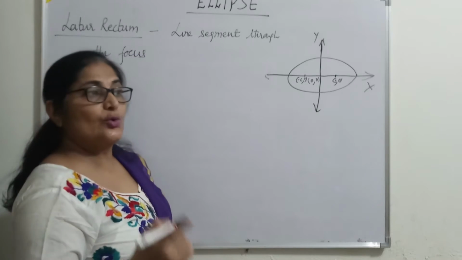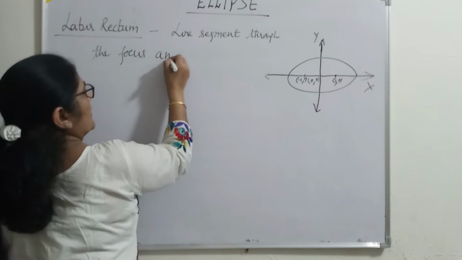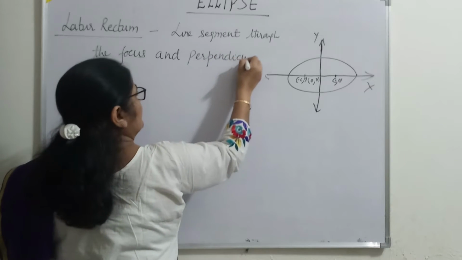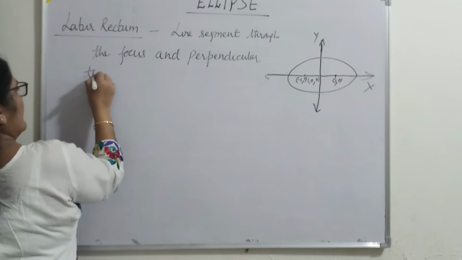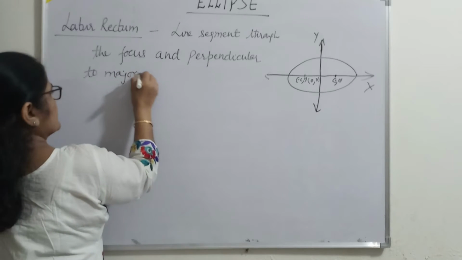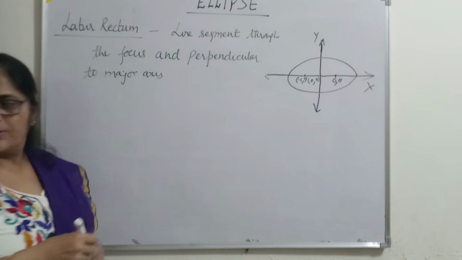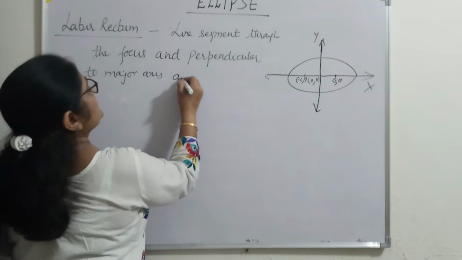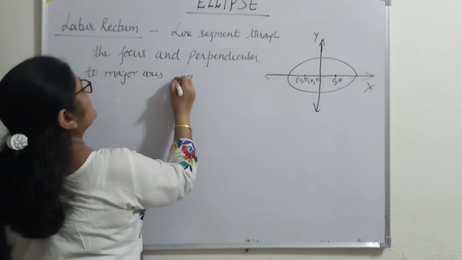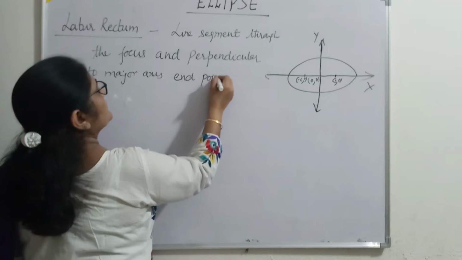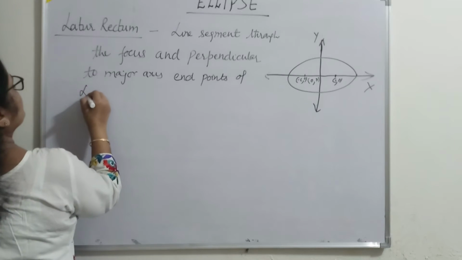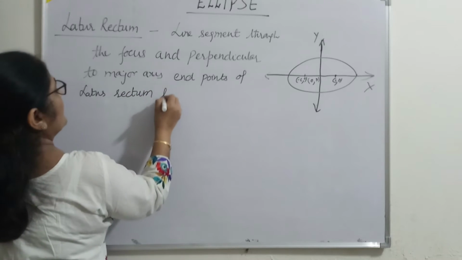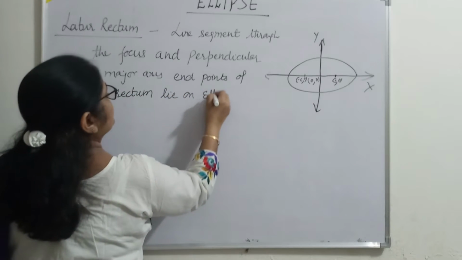There are two foci, so two latus rectums. Through the focus and perpendicular to the major axis, and one more condition is there, that the end points of the latus rectum lie on the ellipse.